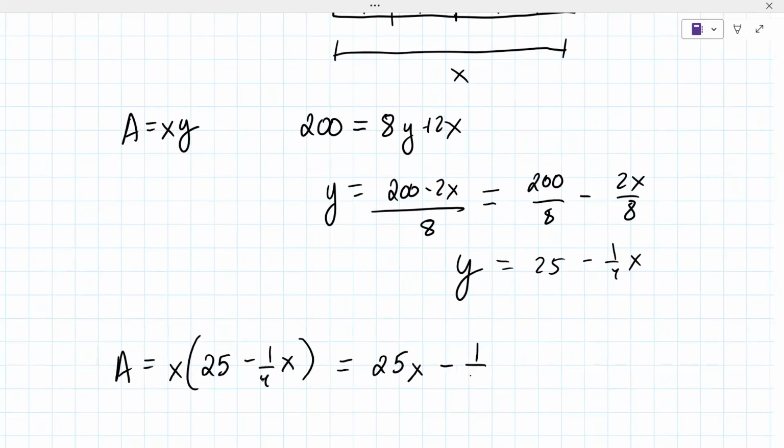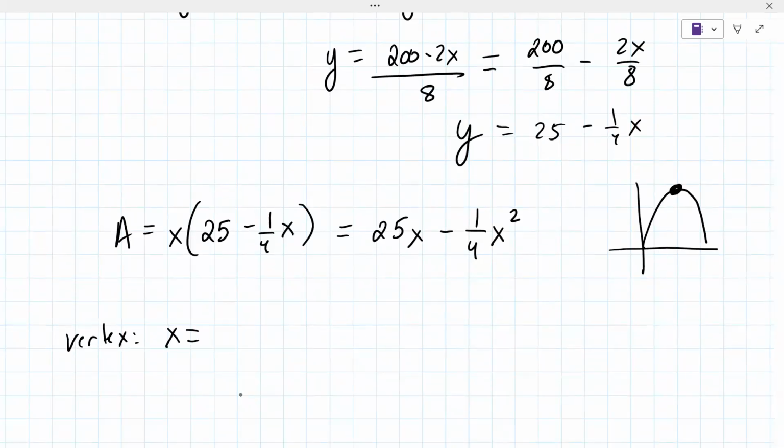So that's 25x minus 1/4 x squared. And it's a parabola again, so if you find the vertex, which you can do using the formula x equals minus b over 2a, it's minus 25 over 2 times minus 1/4.